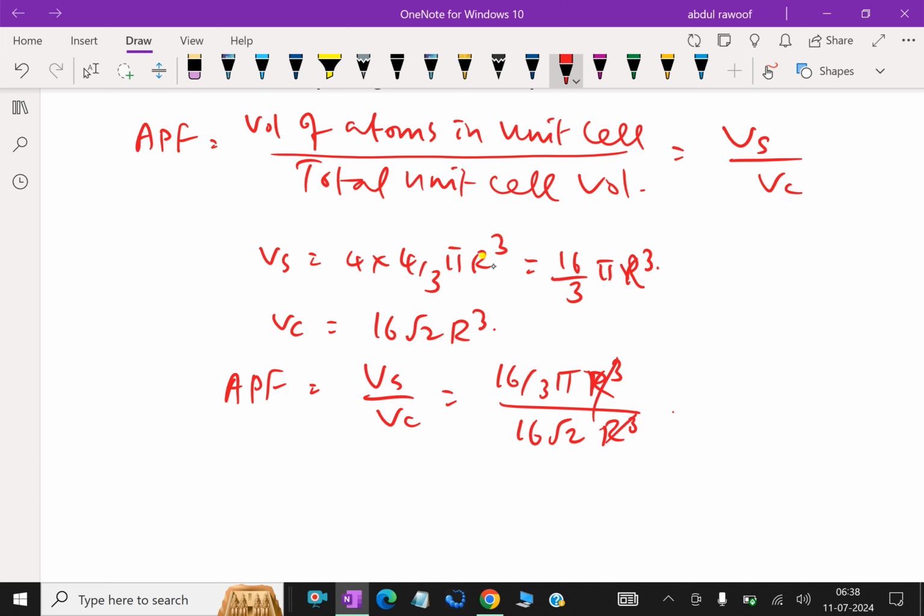So we have the remainder pi over 3 root 2, which is approximately equal to 0.74, the atomic packing factor for the FCC crystal.